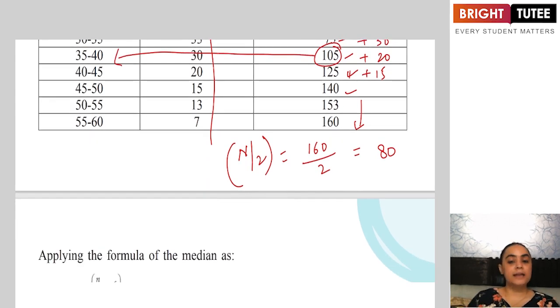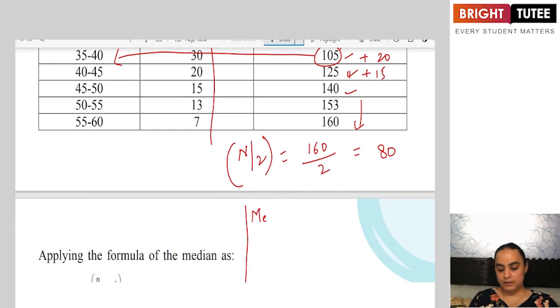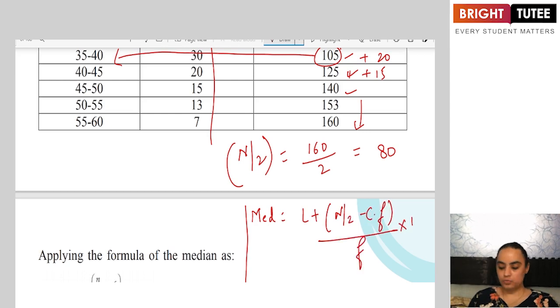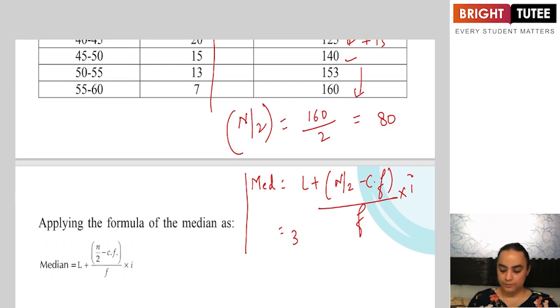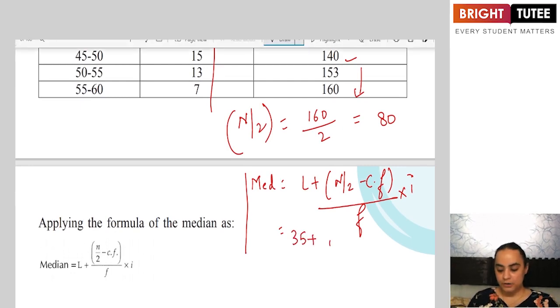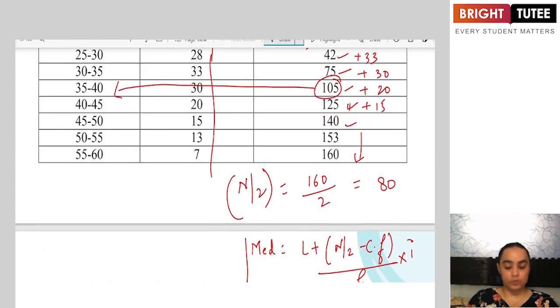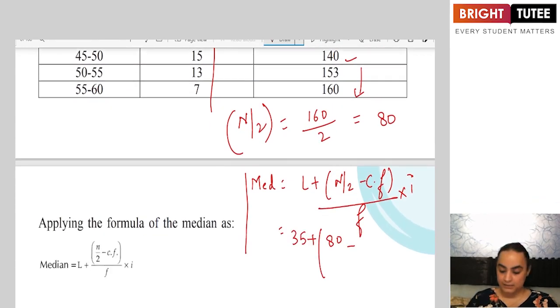Now let us apply the formula. Median is equal to L plus (n by 2 minus Cf) upon f, into i. L is the lower limit of the class interval, which is 35. N by 2 was 80, minus CF. CF, as I told you, is the cumulative frequency of the class before the median class.